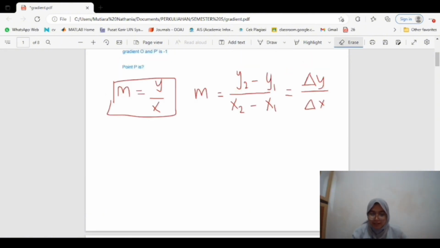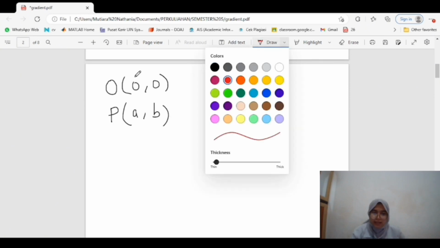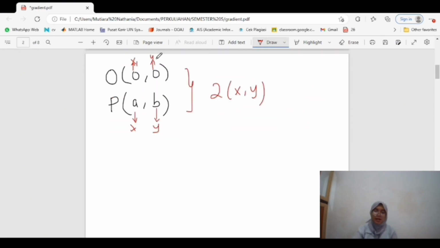Step 2. Point O(0,0), point P(a,b). This is x, this is y. We can choose the formula for 2 points, written as (x1, y1) and (x2, y2), and m equals y2 minus y1 divided by x2 minus x1.